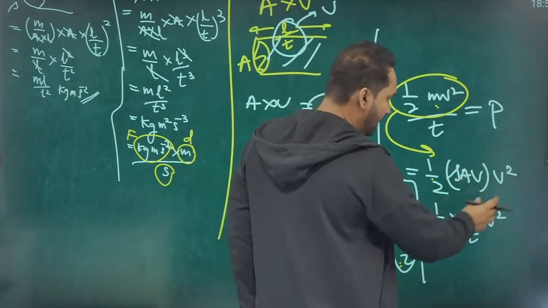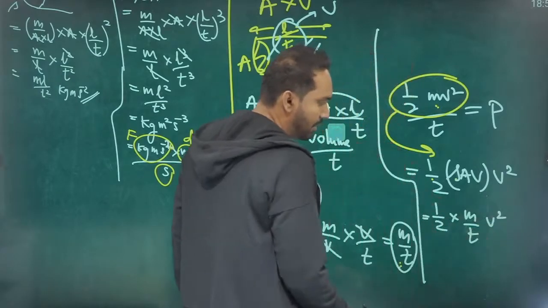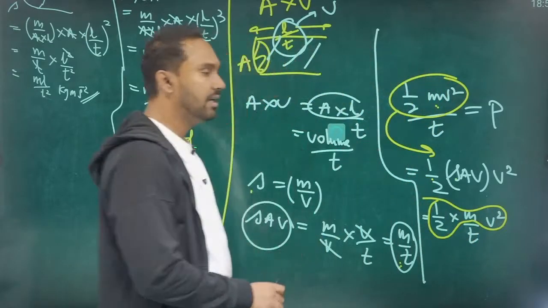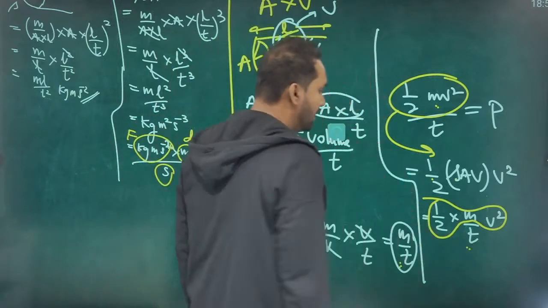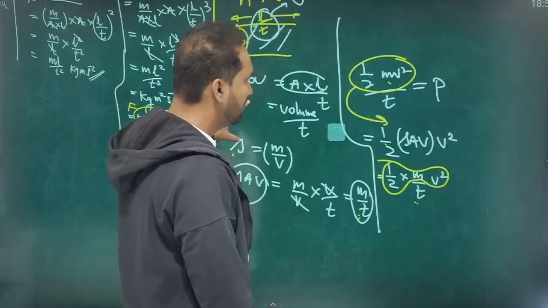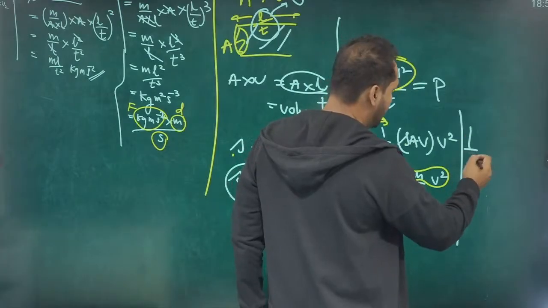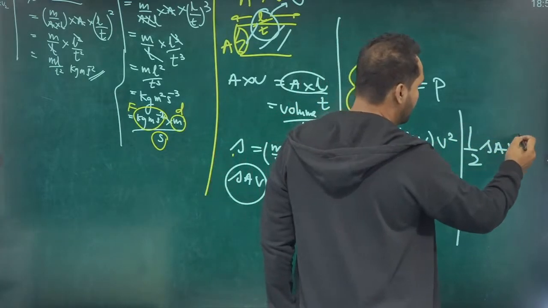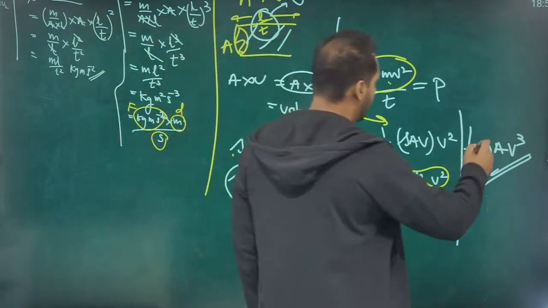Half rho A V is m over t and v square. So now this part is what? Half mv square is kinetic energy, and that divided by t is, of course, power. So inside of it, these three parts are there. Half rho A V into v square will become v cube. So the answer given is this: half rho A v cube.